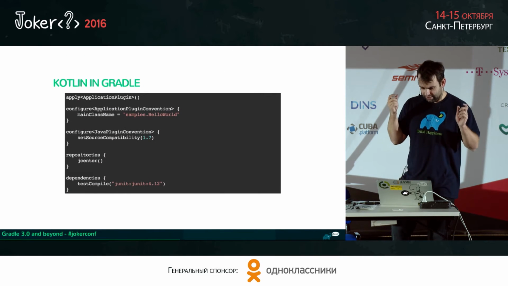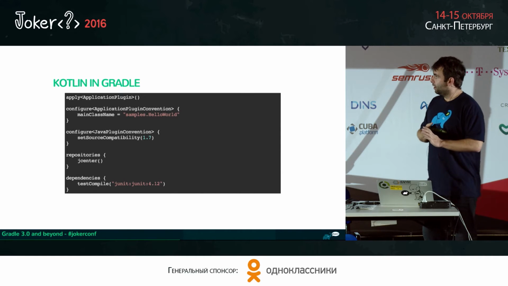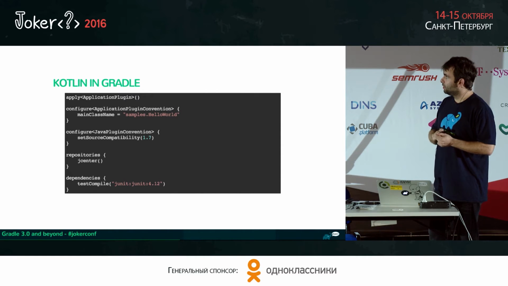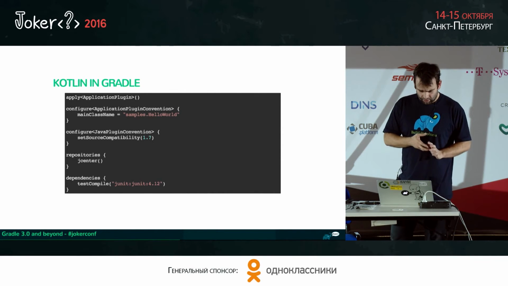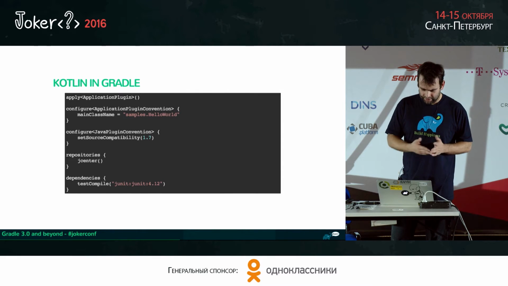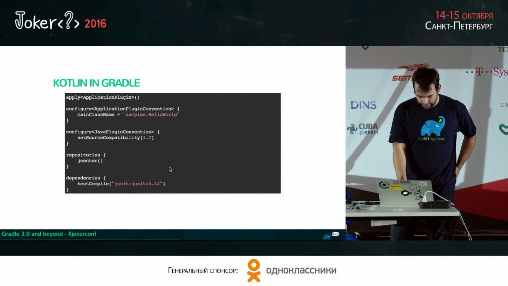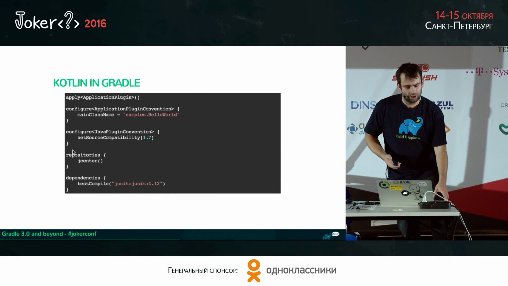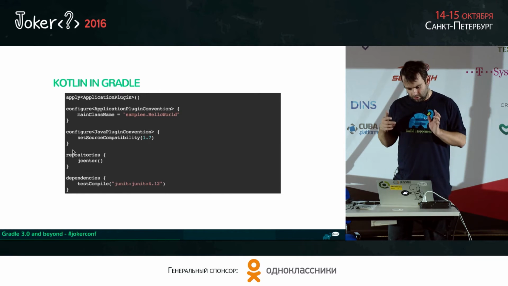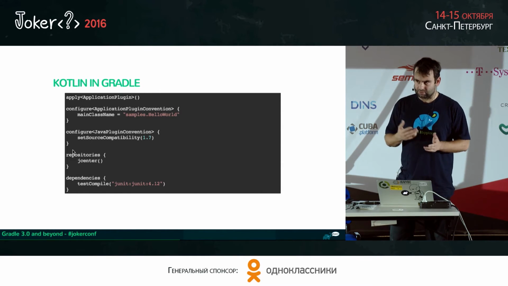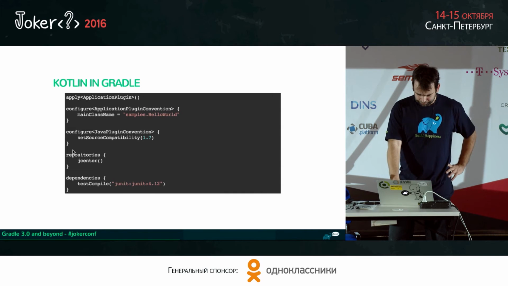Just to give you an idea of how it looks, that's a simple Gradle DSL written in Kotlin. Some of it looks really similar to what we had in Groovy already. We're working closely with the JetBrains guys here, so it's getting better and better. The latest version will be in 3.2.